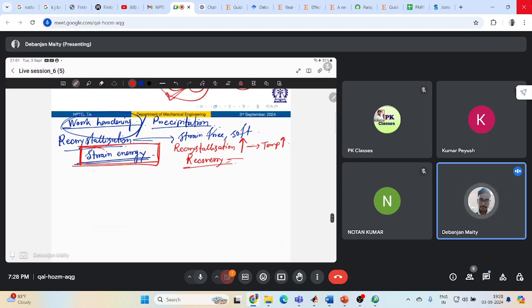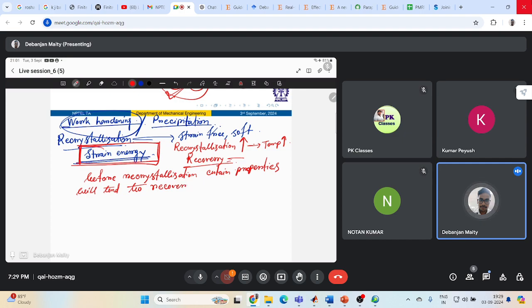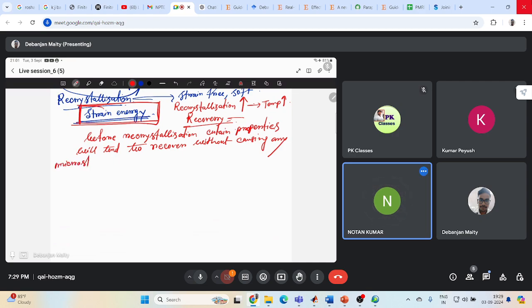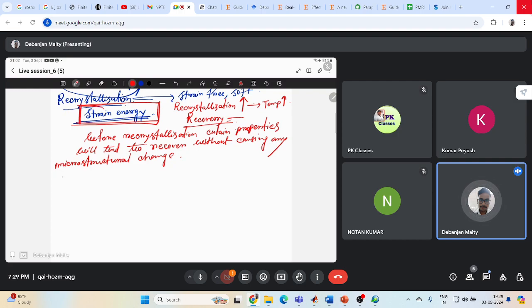I would note it down: before recrystallization, certain properties will tend to recover without causing microstructural change.